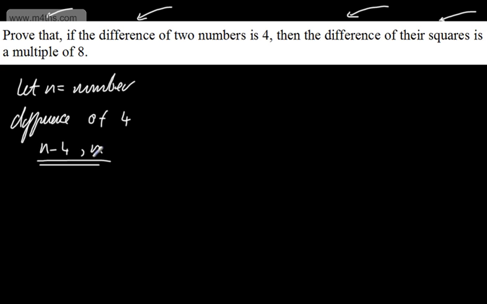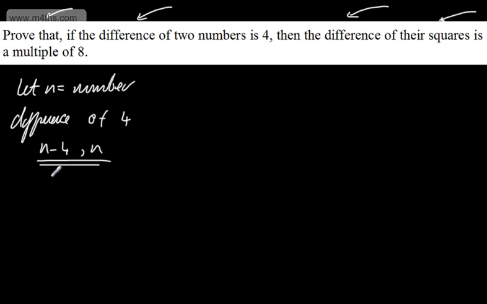I could write n and n minus 4, but for this particular proof, I'm going to use this square first. So we're now looking at the difference of their squares. I've defined the number n, and the difference between them is 4, so n and n minus 4. You can, of course, do n plus 4.